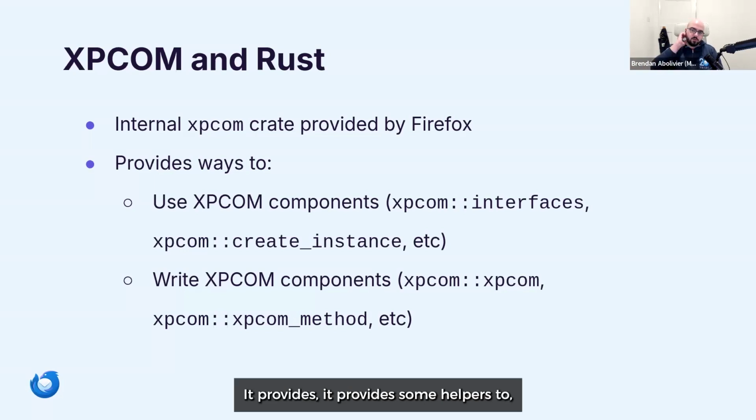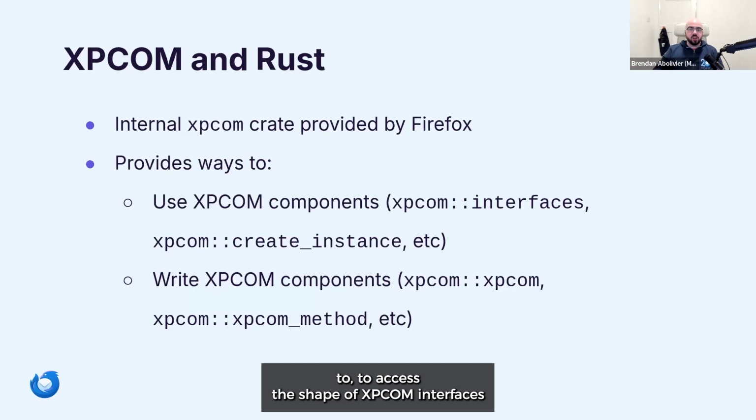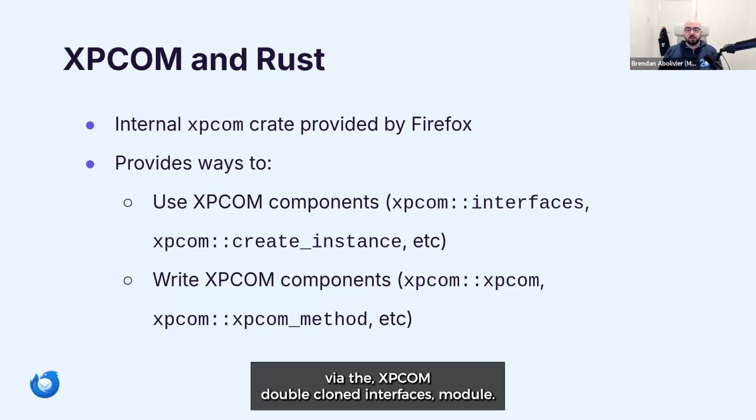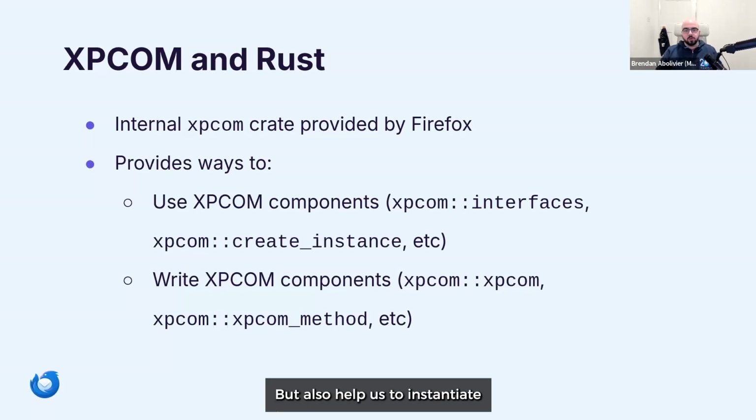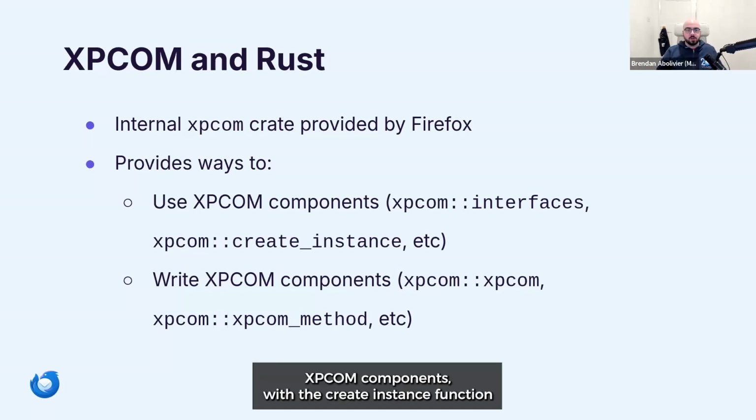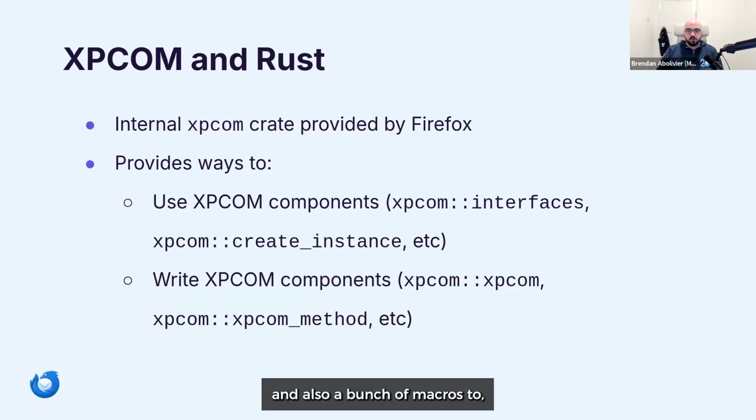It provides some helpers to access the shape of XPCOM interfaces via the xpcom::interfaces module, but also helpers to instantiate XPCOM components with the create_instance function, and also a bunch of macros to write your own components in Rust.